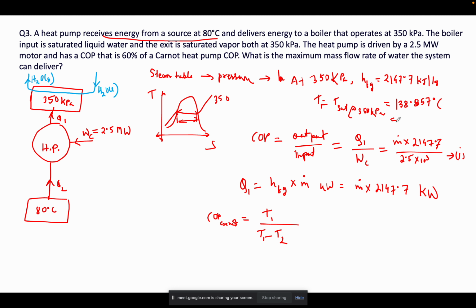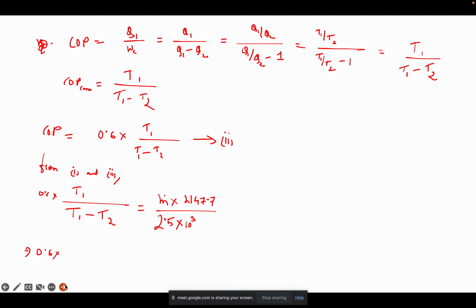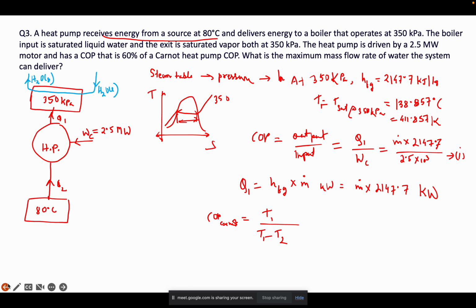If I convert this into Kelvin, 138.857 plus 273 is 411.857 Kelvin. And I think the temperature difference, whether you express it in degree Celsius or Kelvin, remains the same.